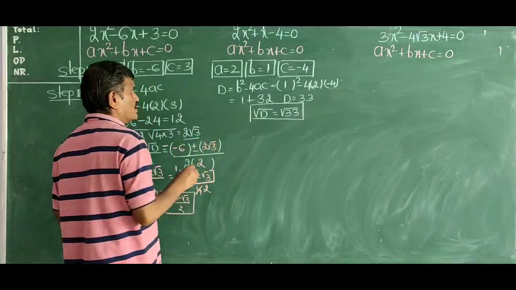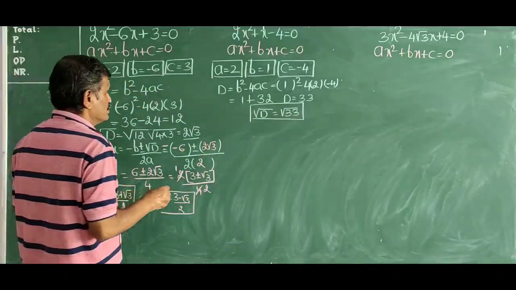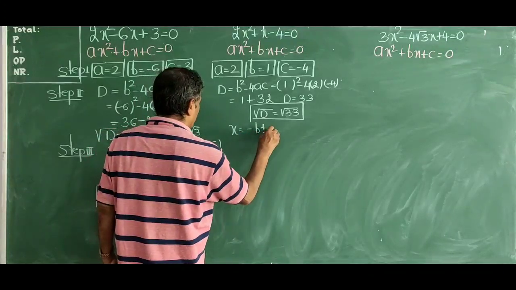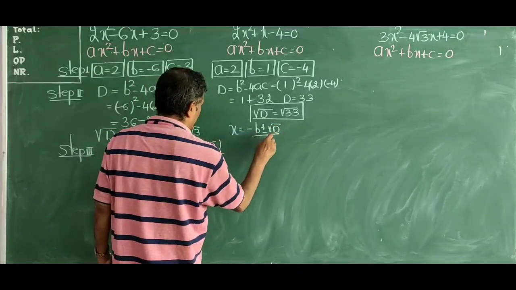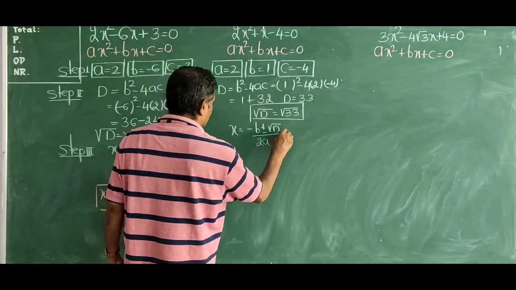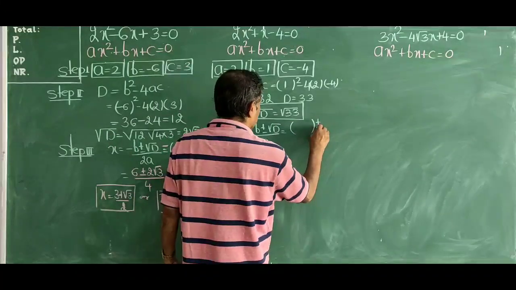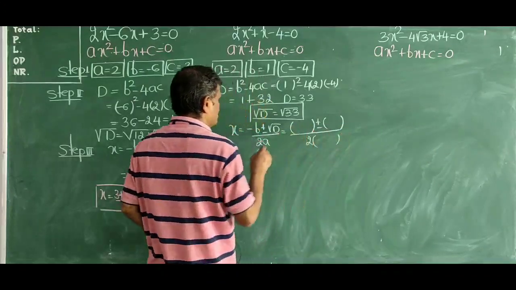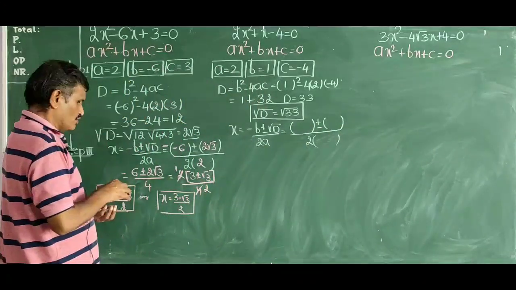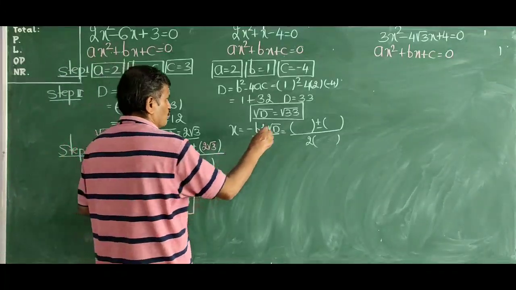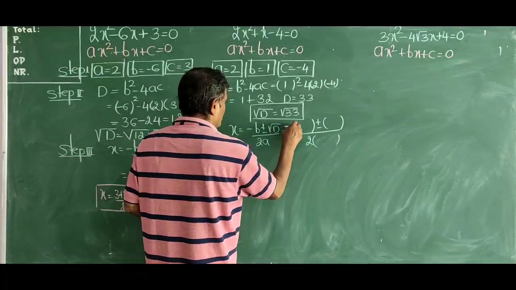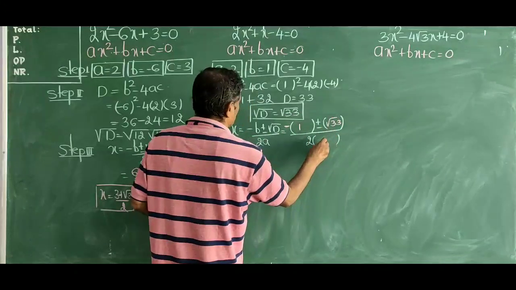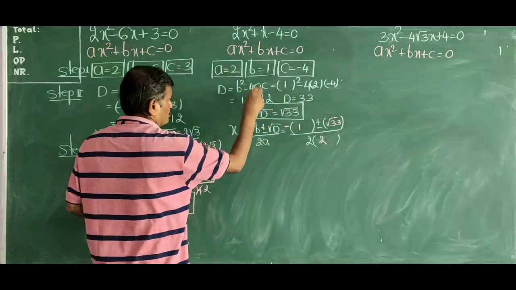Now the second step is over, finding the value of d. In the third step, x is equal to minus b plus or minus root d divided by 2 into a. So let us put the values of b and then substitute and check out the answer. See here, minus b is how much here? B is 1. So minus 1 plus or minus root 33 divided by 2 into a, a is 2.